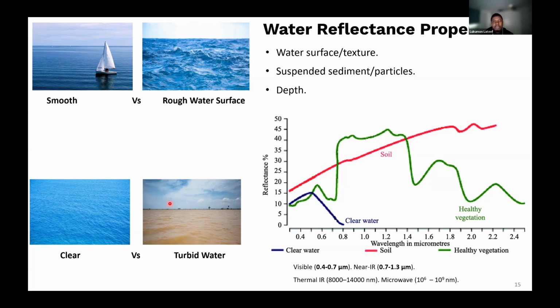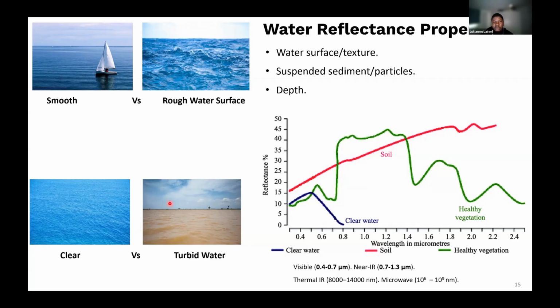For example, if you have some plant elements beneath the water, we know that vegetation reflects green, so they can reflect green and influence the water to appear green instead of blue.